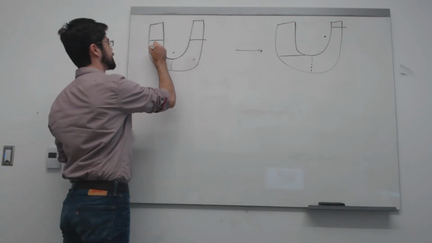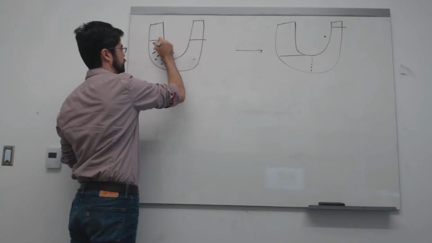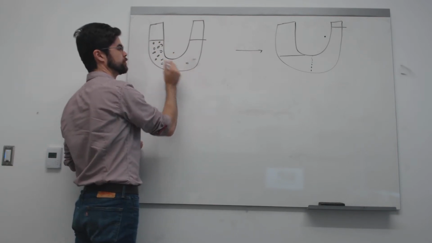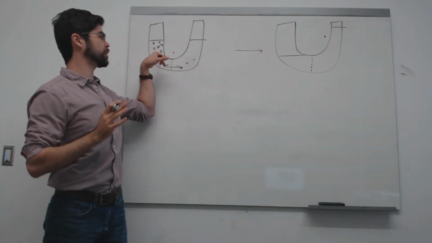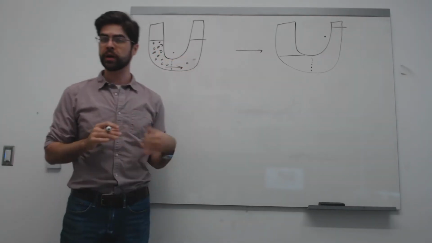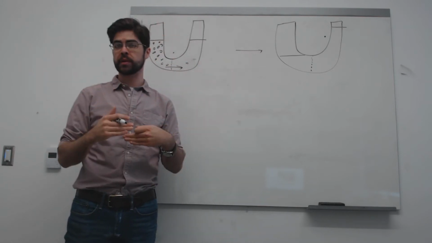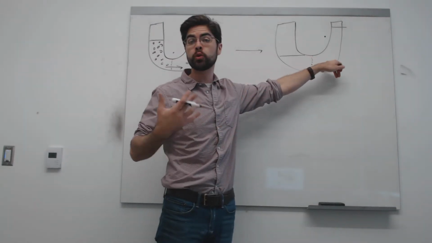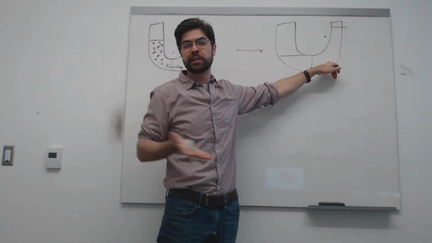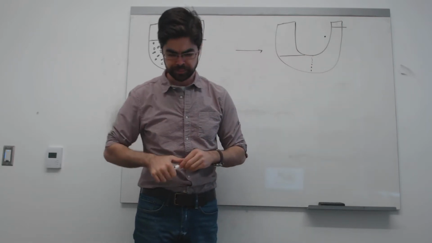Before, there were lots of particles over here and relatively few over there. By shuffling particles from high concentration to low concentration, increasing entropy, that results in a decrease in free energy. The free energy that the system is releasing can be used to do work on or by the system.